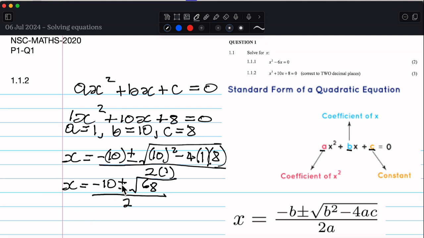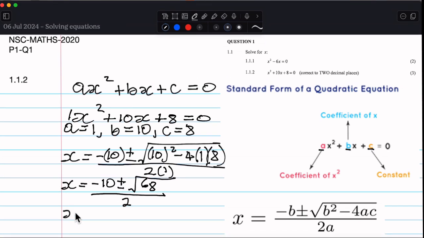So now we need to split this up into two possible solutions or two values of x that we get. So this will be minus 10 plus the square root of 68 divided by 2, or now we take the minus sign.